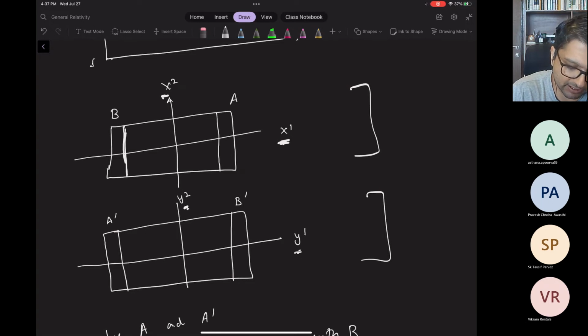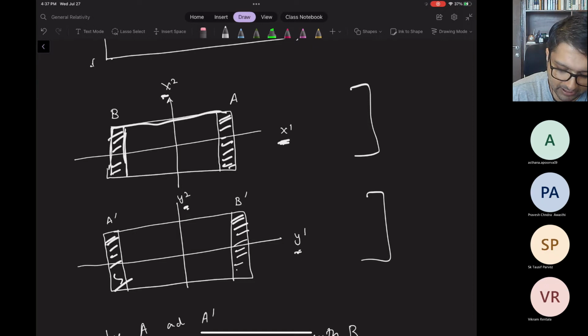So we call this region of this patch B, and this region of this patch is A, and this region of this patch is A prime, and this region of this patch is B prime. And now when we glue them together, A and A prime are glued with the same orientation, that is, they're glued this way. But B and B prime, when they're glued, are glued with the opposite orientation. So we glue them together like this.